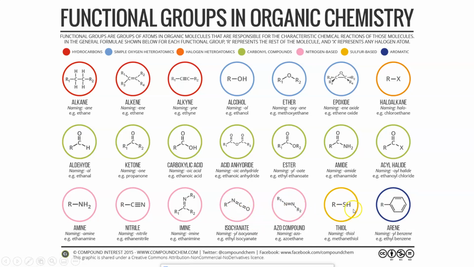We can also have sulfur, right? We can also have cycles with double bonds, which are called aromatic compounds, forming what we call an array, right? So these here, or these little characteristics that define each one of the families, is what we call the functional group, right?